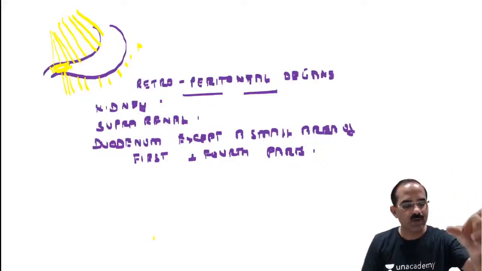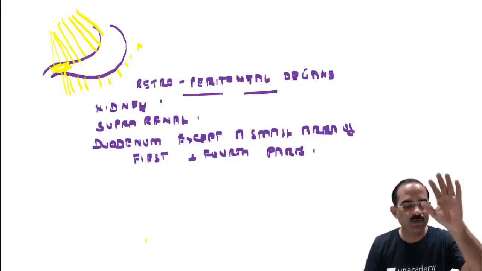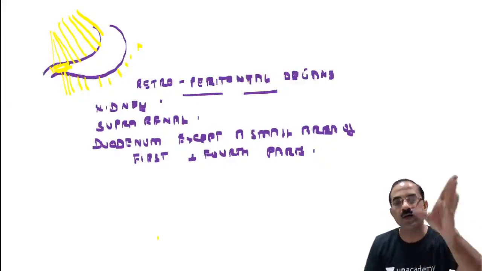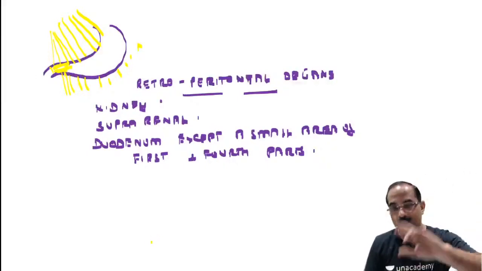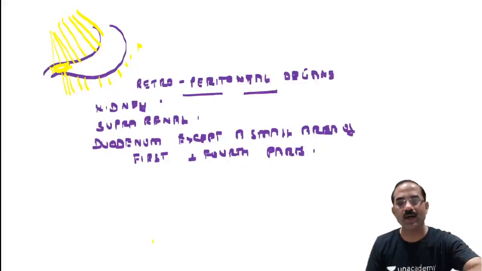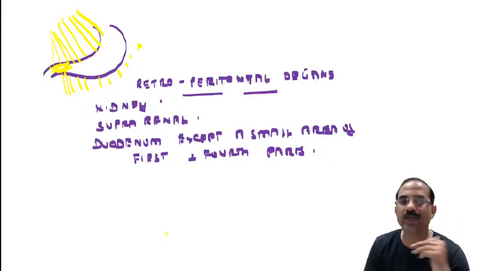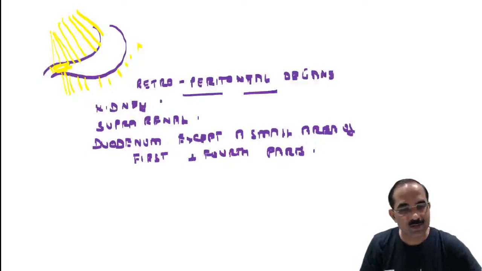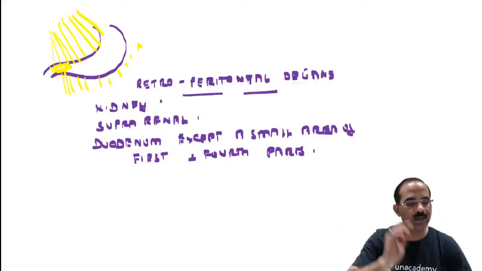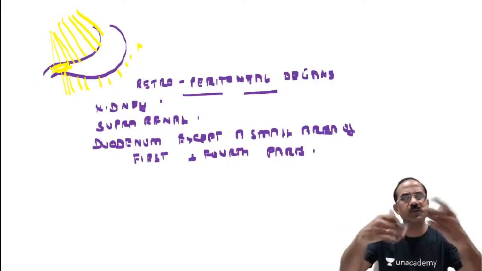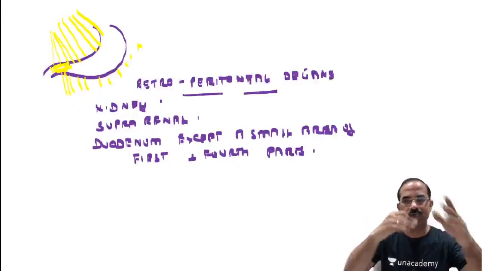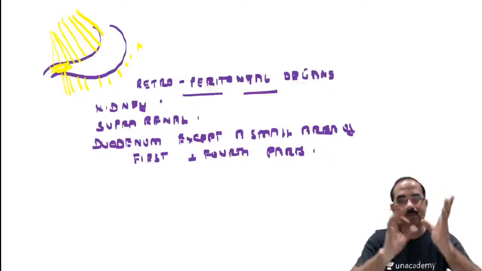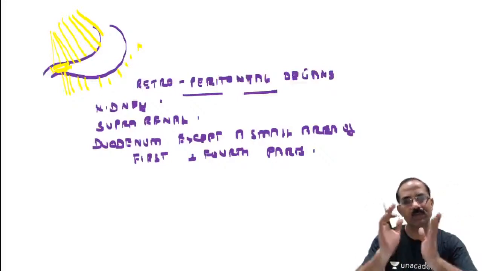So first part of the duodenum ka length kitna hota? What is the length? 5 centimeters, right? So the first part of the duodenum is 5 centimeters long, out of which 2.5 centimeters are intraperitoneal. Similarly, after the duodenum, what do we have? Jejunum. And the jejunum is covered by what? The mesentery.